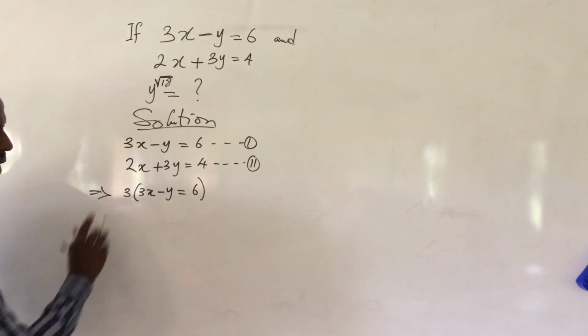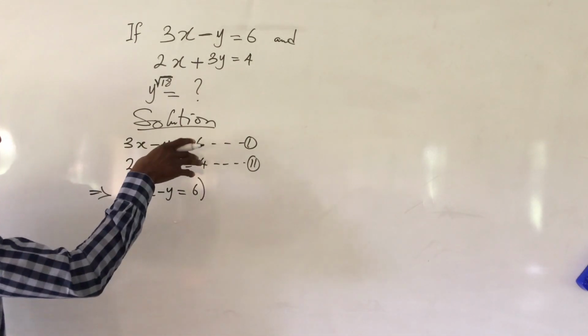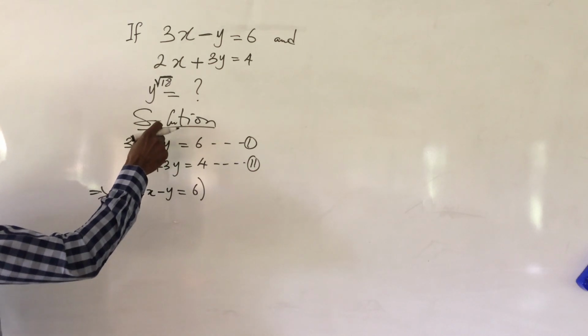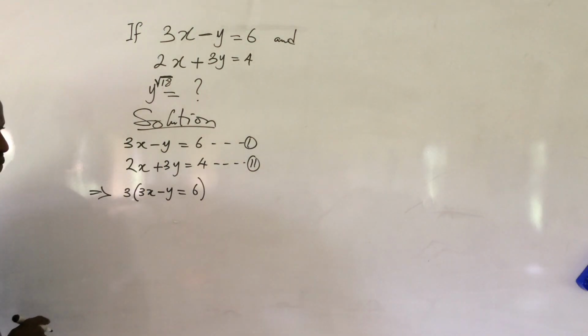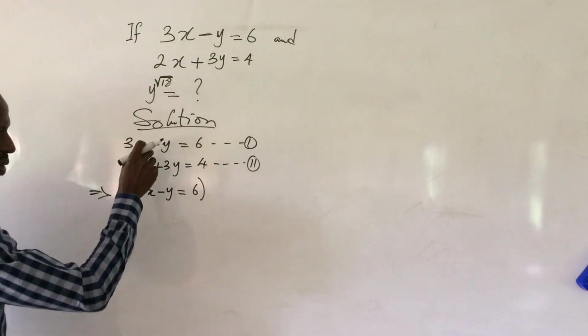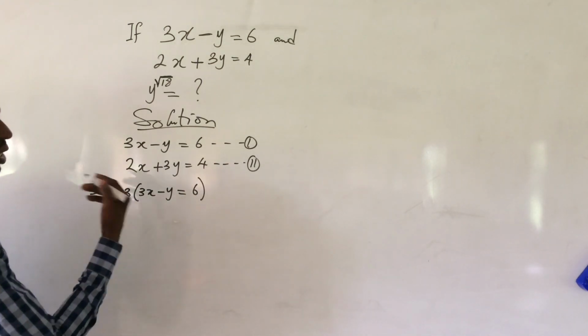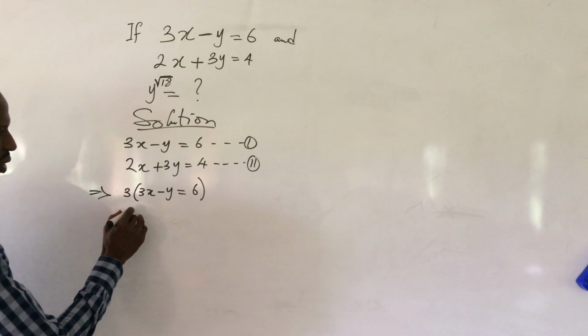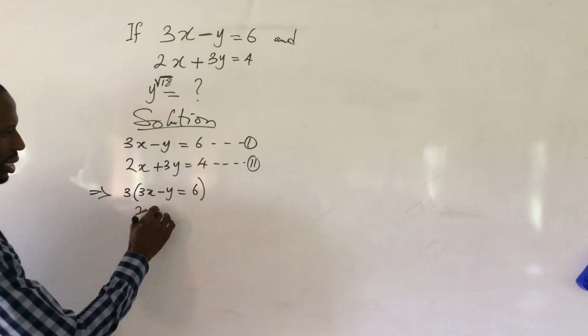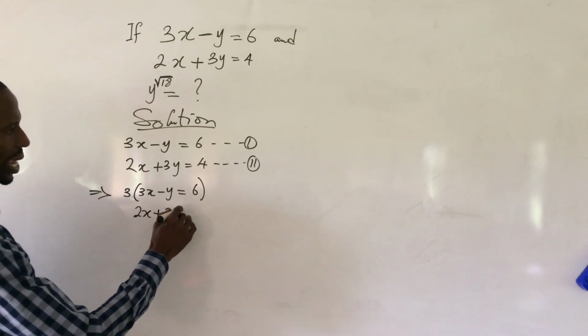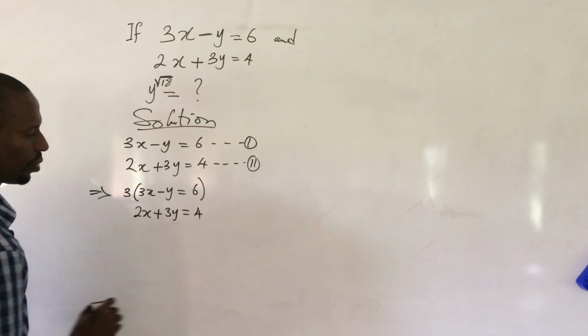Then equation 2 we multiply by the coefficient of y in equation 1, so here we have invisible 1. 1 into that will still give us the same equation. So we write 2x plus 3y equal to 4.